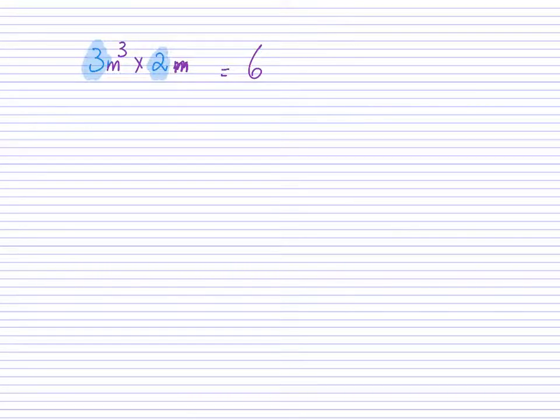Now with our powers, our index laws tell us that when we're multiplying, we need to actually add the indices. Now, because we've got our m here, essentially there's a little hidden 1 up here. So now what we've got is 3 plus 1, so our answer would be 6m to the power of 4.